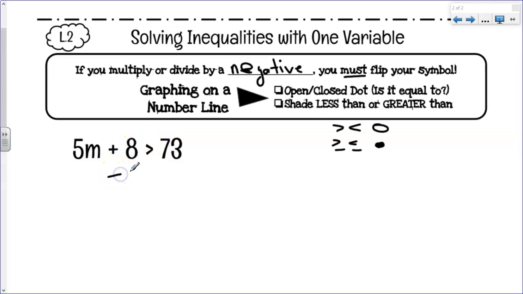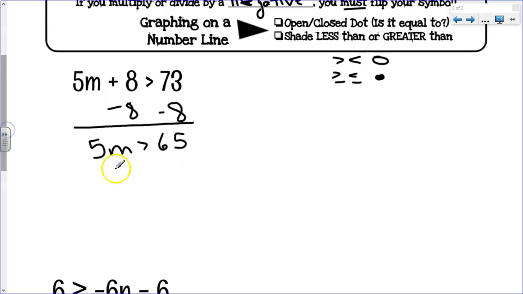So we're going to subtract 8 here. That's going to give me 5m is greater than 73 minus 8, which is 65. Divide by 5. m is greater than 13.